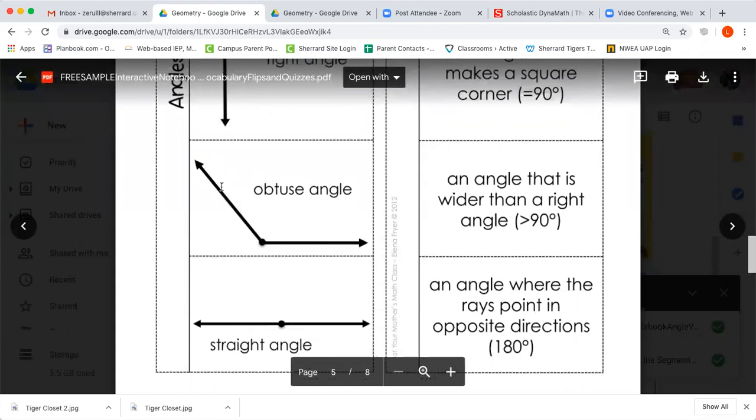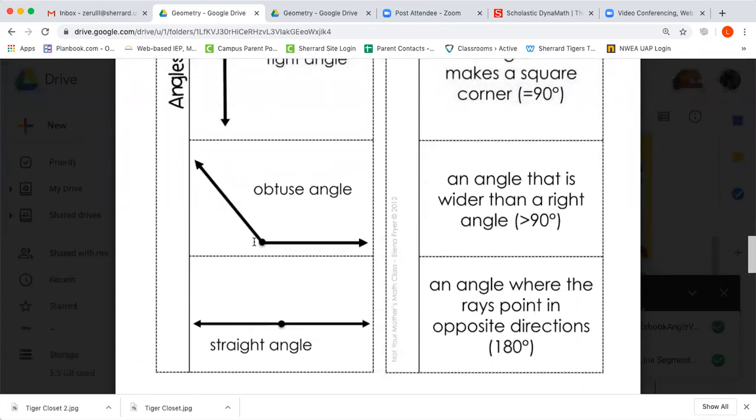And I kind of think that that one sounds like it's supposed to be a big obtuse or kind of obese angle, I guess. That would be any angle that measures more than 90 degrees. So notice if I were to make this a right angle, I would draw a line straight up like that, and it would create a square corner where the vertex connects the 2 rays.